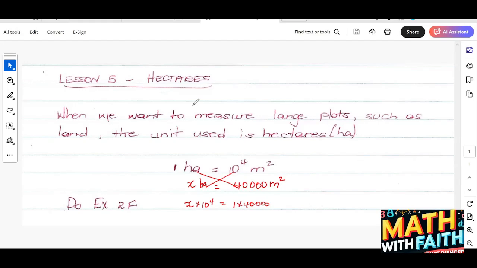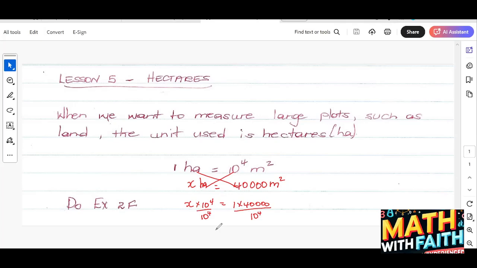That's 1 by 40,000. Now to get X by itself, I have to take out this 10 to the 4. So I have to divide by 10 to the 4 here. And whatever I do on one side, I do on the other. So essentially, if something is multiplied by something else on this side, I just have to divide it on this side in order to get rid of it, right?